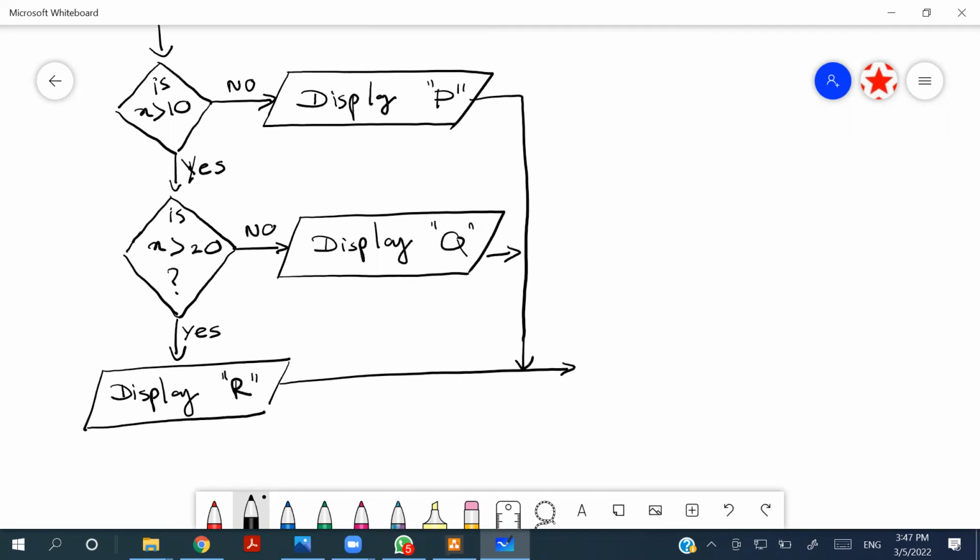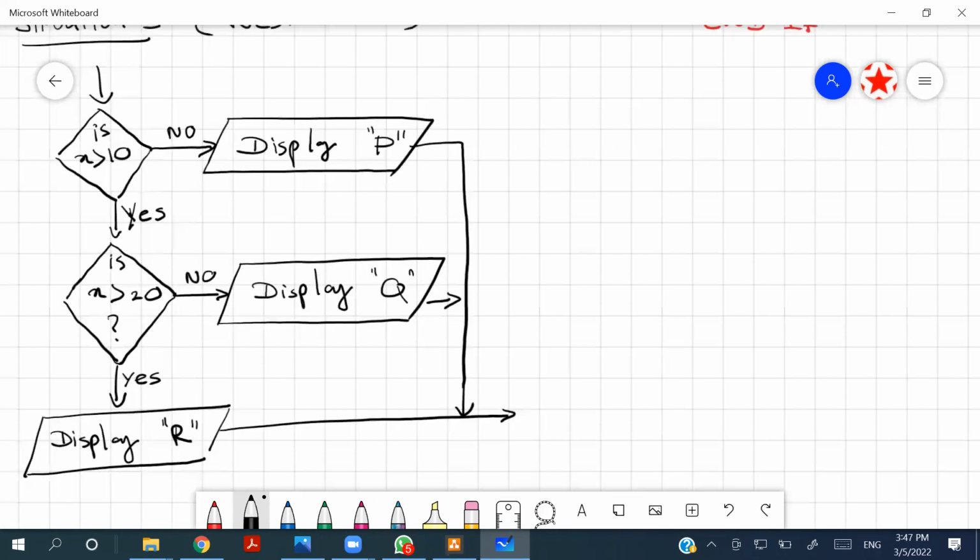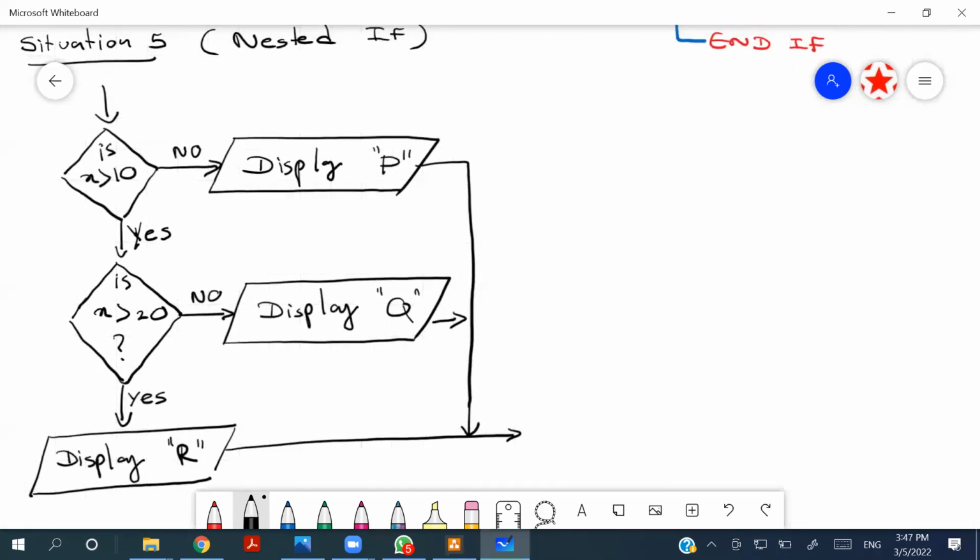So let's try to match this with the pseudocode. First, we start with an if without a problem. And the condition says x larger than 10. And then, what are we going to do?